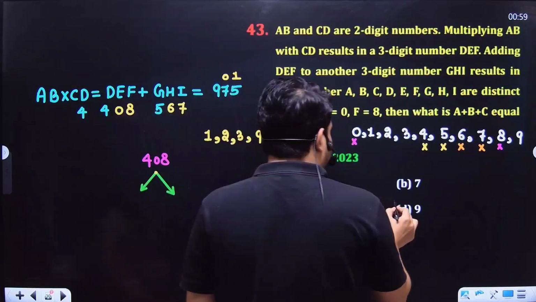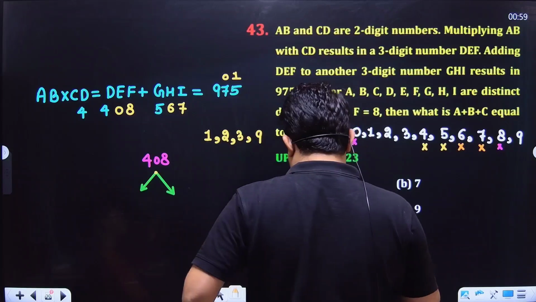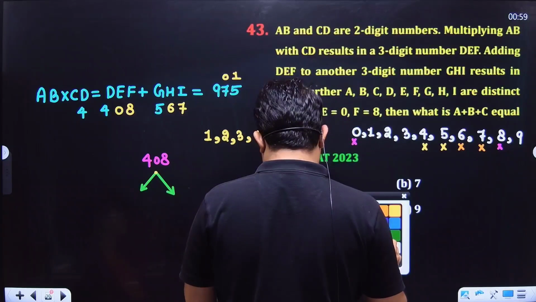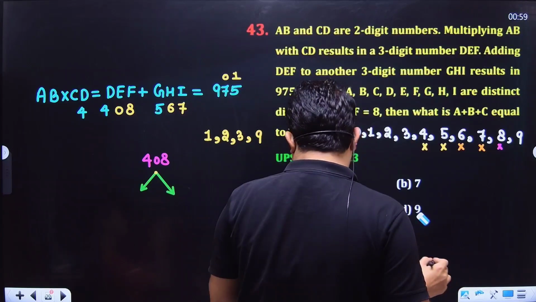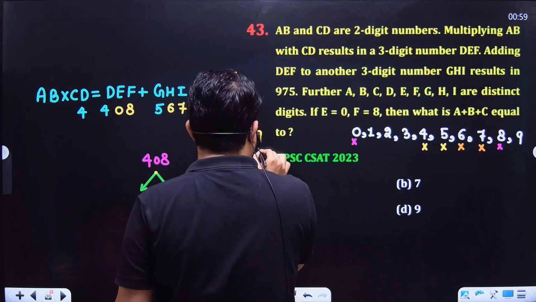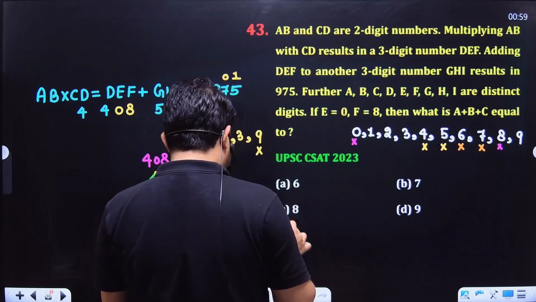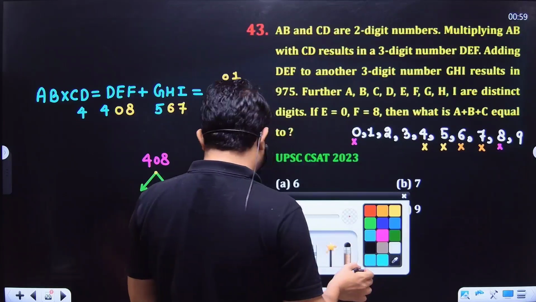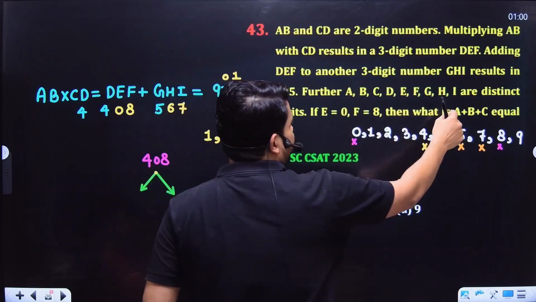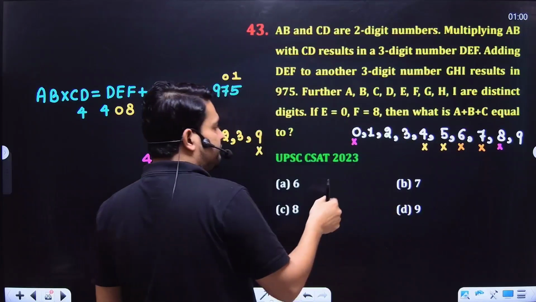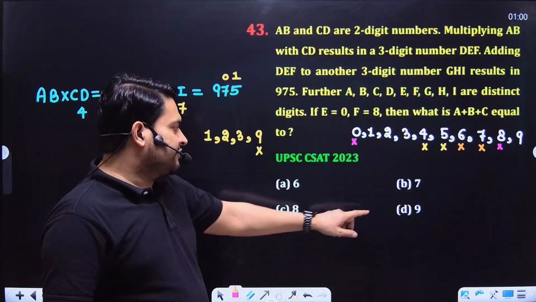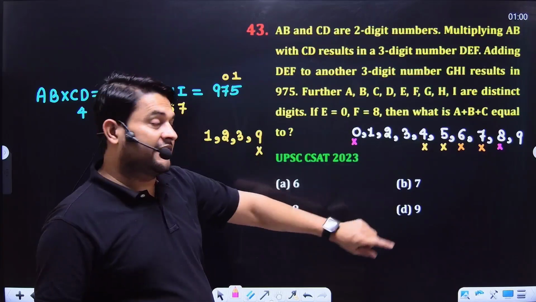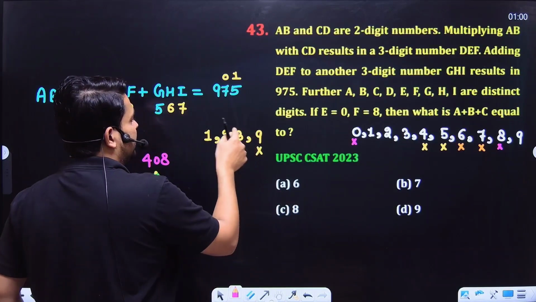So you cannot take 9 as one of the digits. Why? Because if you add 9 to another two numbers, your sum will be greater than 9, and the largest option is 9. So 9 is also eliminated.